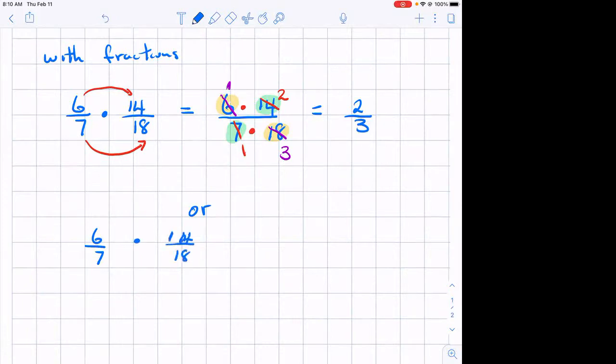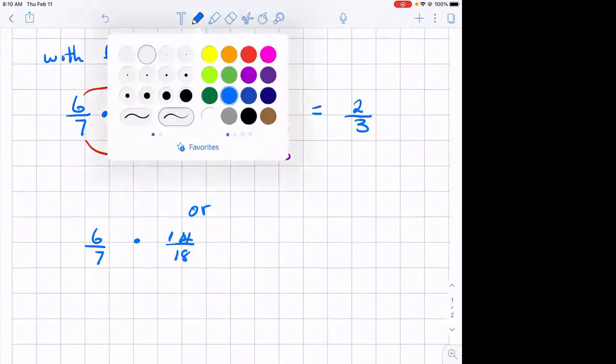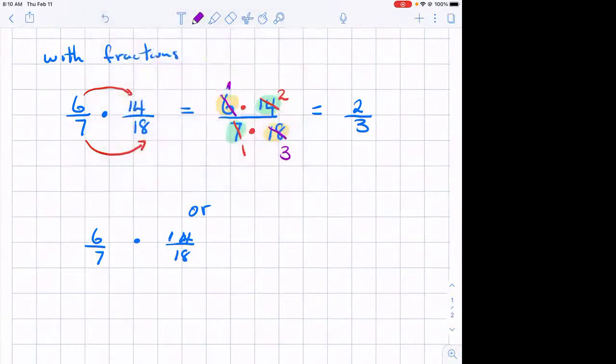What we do is divide. We can divide by 2, if you divide here by 2 and this by 2, 18 divided by 2 becomes 9, and 6 divided by 2 is 3.